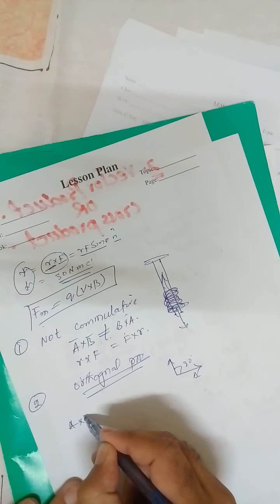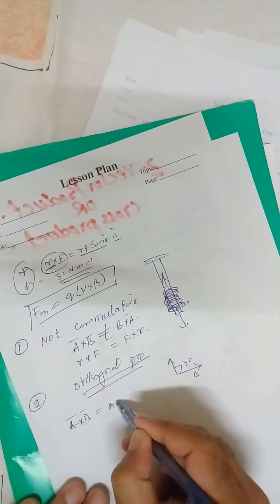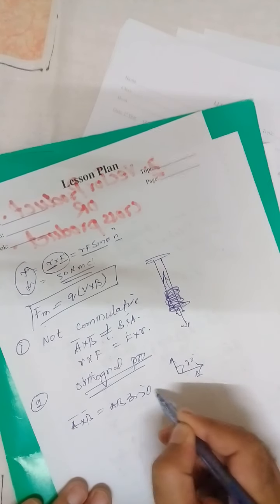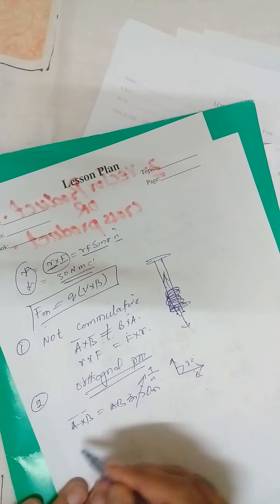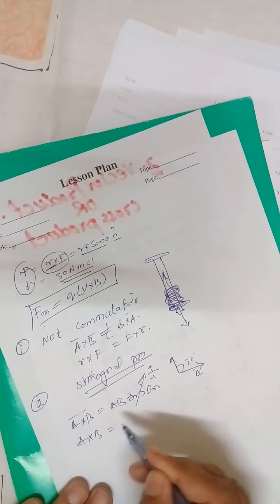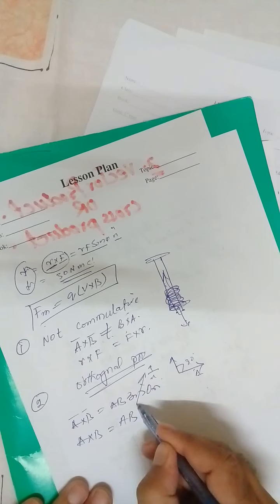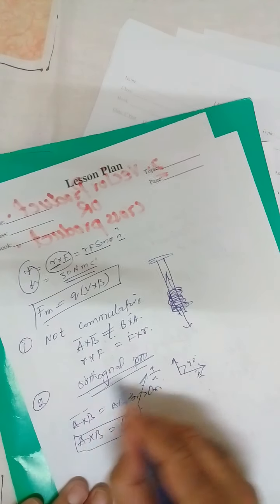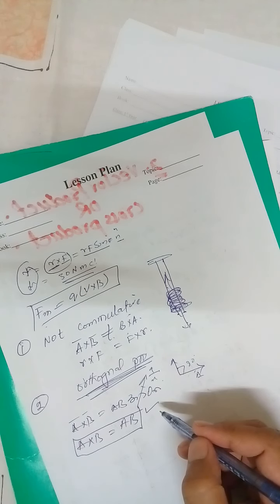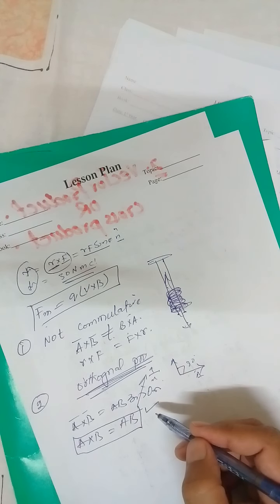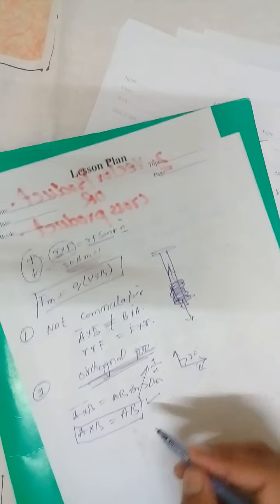So A cross B is equal to AB sine of theta into n. Sine 90 is equal to 1, so A cross B is equal to AB. It means when two vectors are at right angle, it will give the maximum value. For example, with torque, if you apply force at a 90 degree angle, we can easily open the nut.